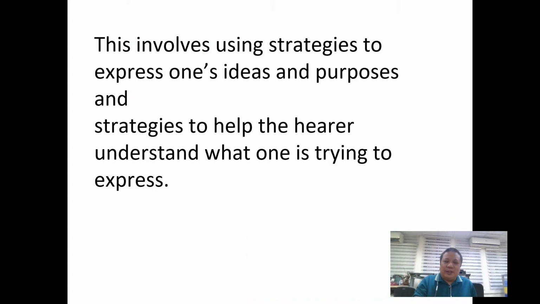Now, negotiation of meaning involves strategies to express one's ideas and purposes, and strategies to help the hearer understand what one is trying to say. So, for example, class, when I still didn't know how to say "pang ilang presidente si Donald Trump" in English, I would say, George Washington was the first president of the United States.